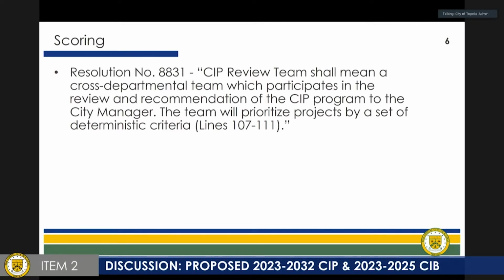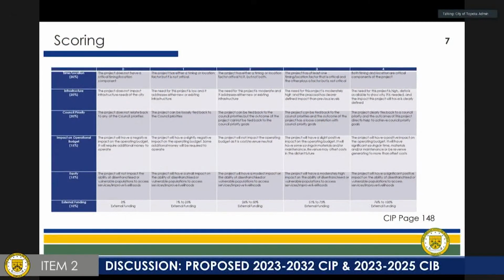That criteria is new this year, and so we have incorporated a scoring system that ranks them on a scale of 0 to 100, 100 being the best, 0 being the worst. The matrix that's on your screen right now, which is impossible to read, gives you an idea of the system that we went through to score these projects.